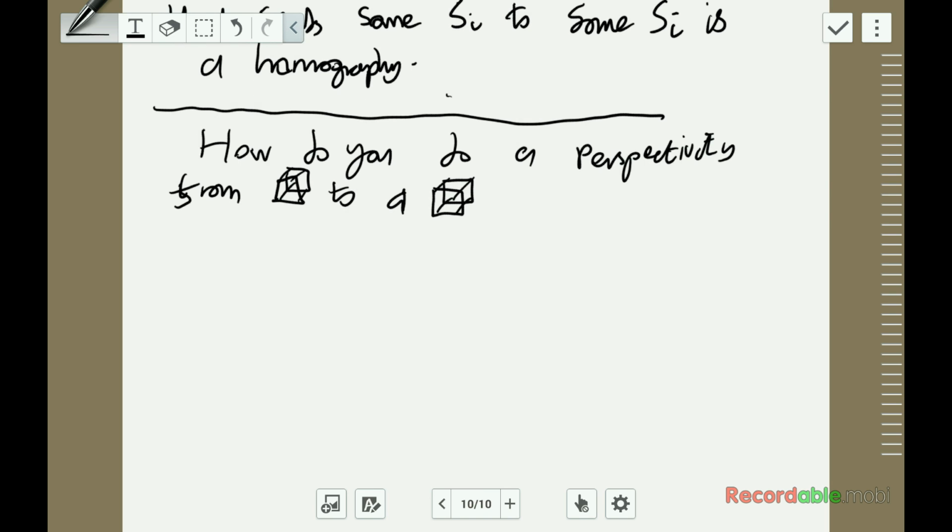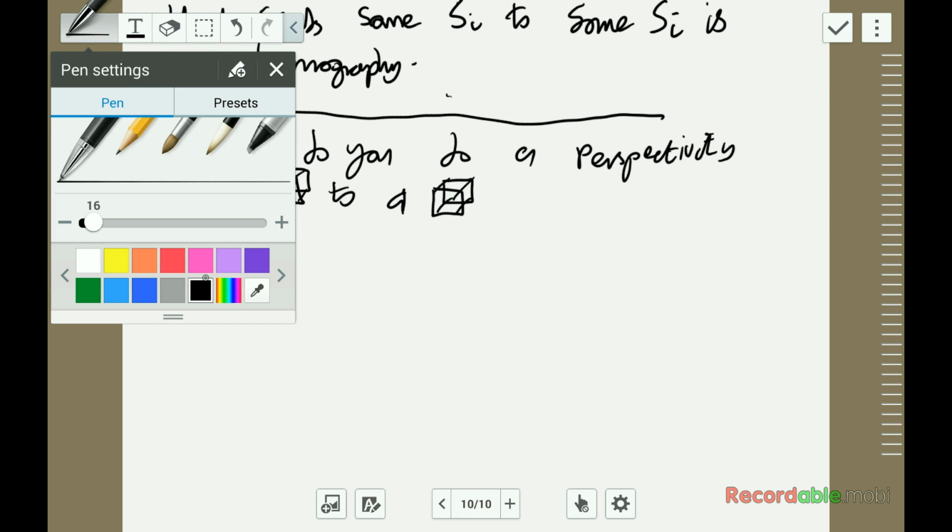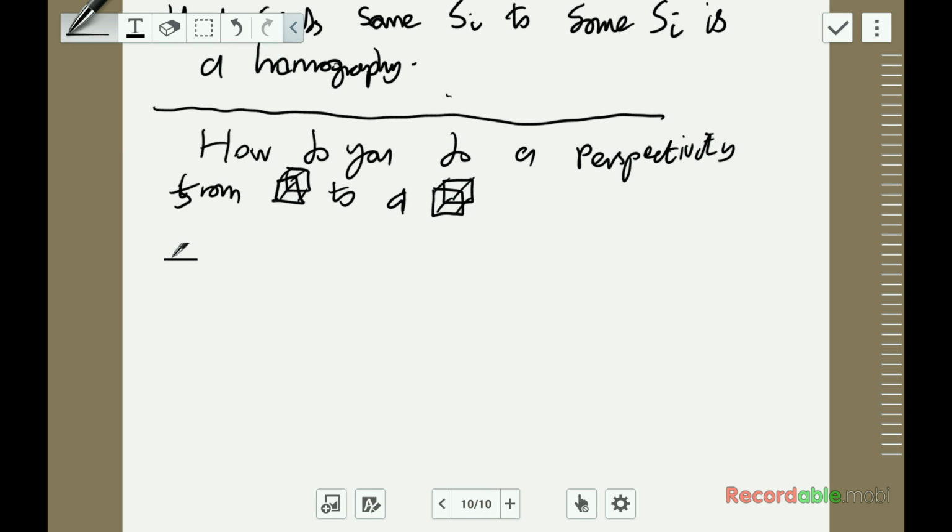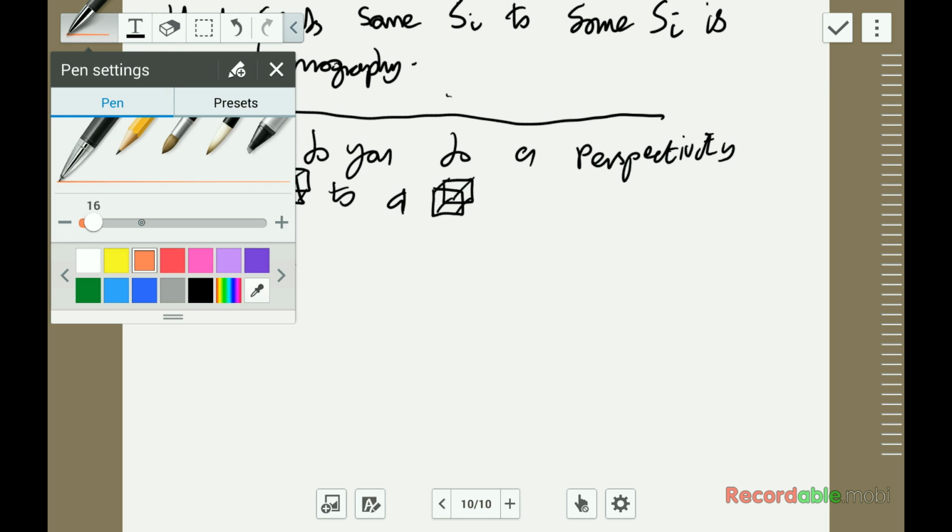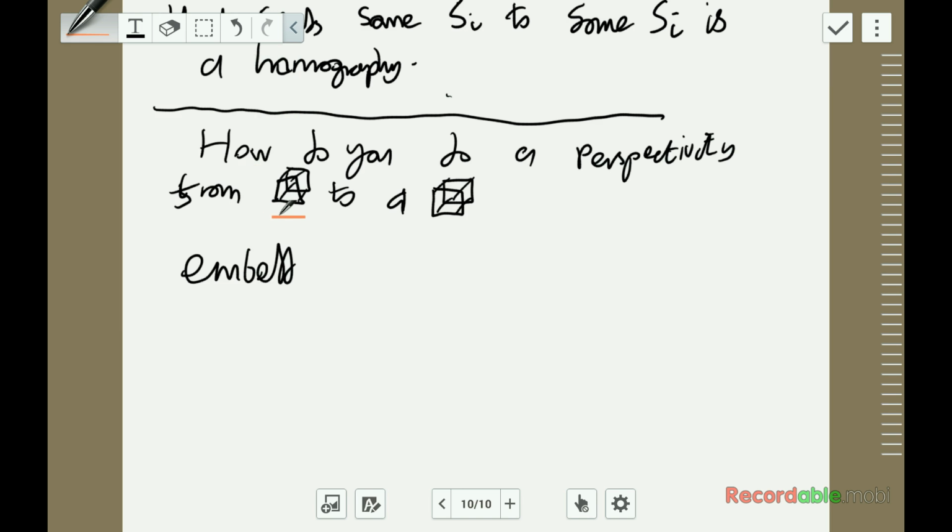Okay, so the answer is that we should embed, okay, so we'll call this cube S3. We don't have to imagine it being bounded. We'll call this S3.